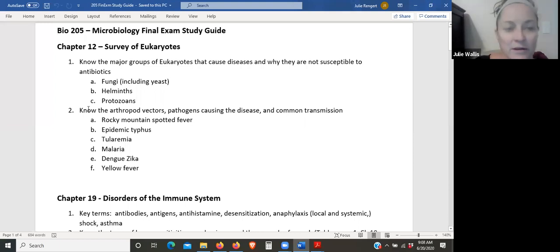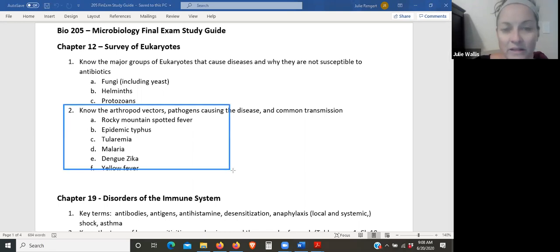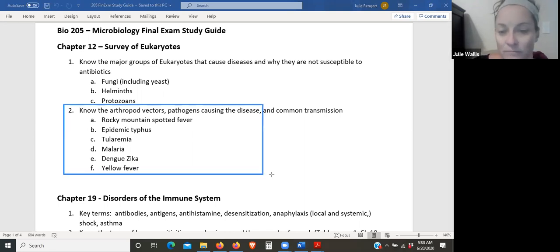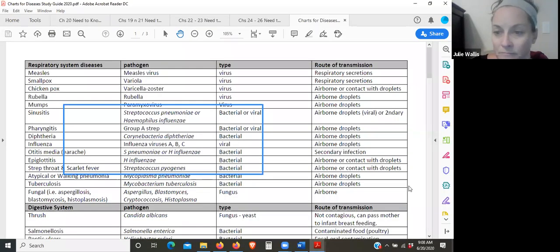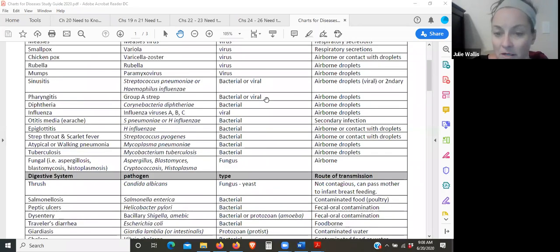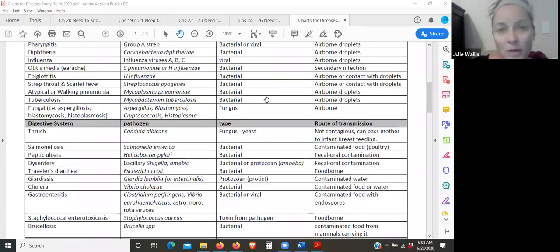And then the second part here, know the arthropod vectors. This information really is also on that chart, because these are going to be in the route of transmission column for the specific diseases that are caused by arthropod vectors.